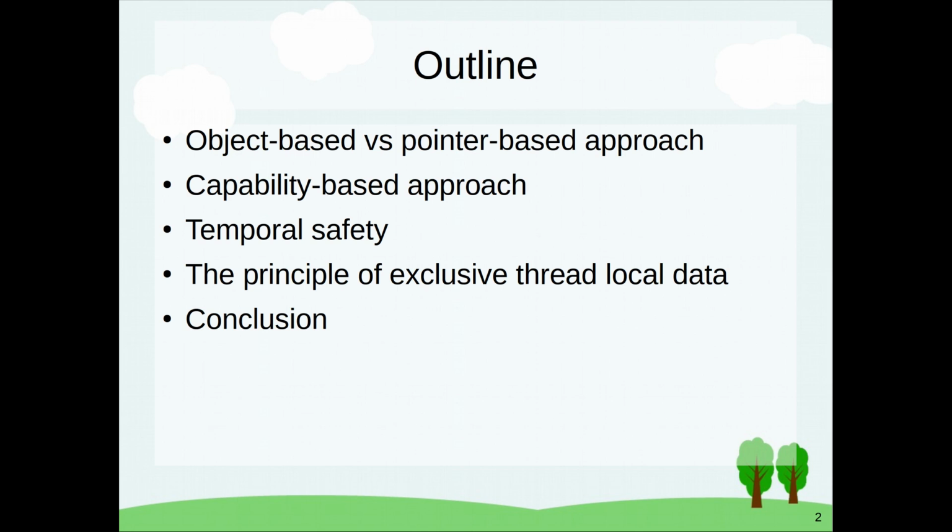And then I'll talk about the capability-based approach in more detail. Then I'll talk about how the capability-based approach supports temporal safety check. And then I'll talk about how it supports the principle of exclusive thread local data. And then finally, the conclusion.